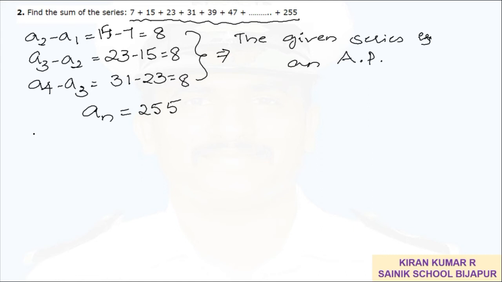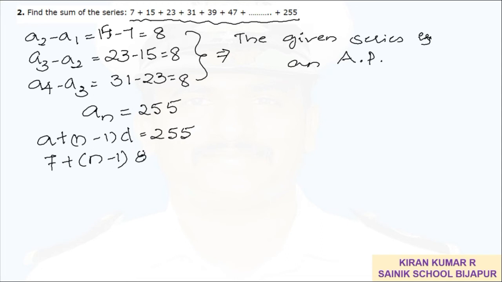So here I need to substitute the formula a plus n minus 1 into d equal to 255. The a value is 7 plus n minus 1 times d, and d is 8.